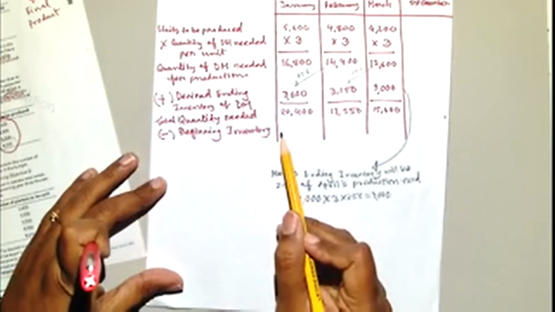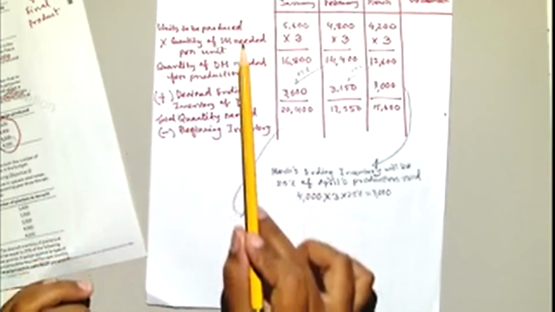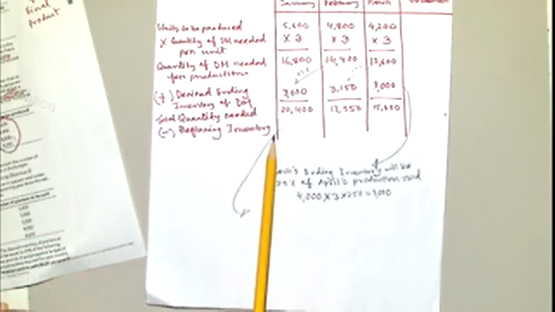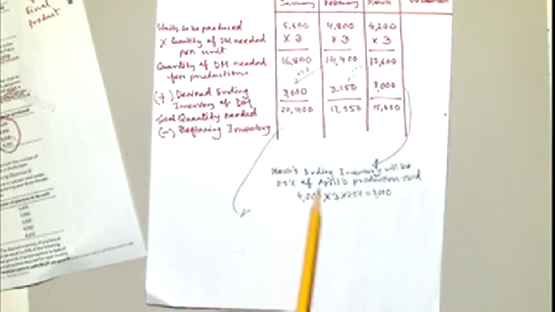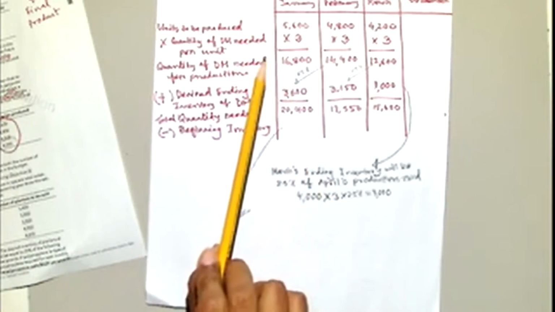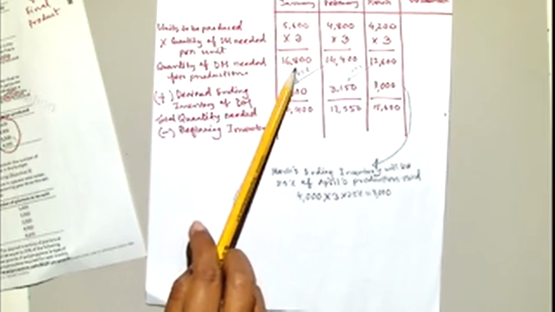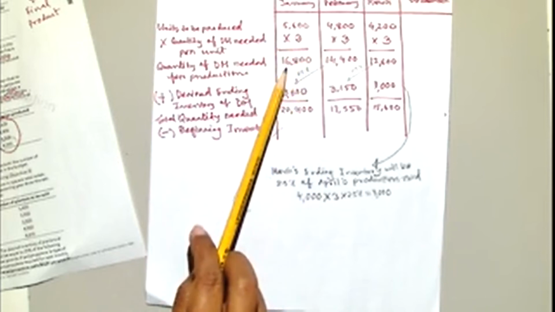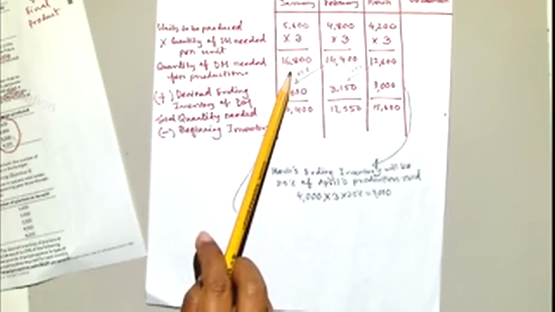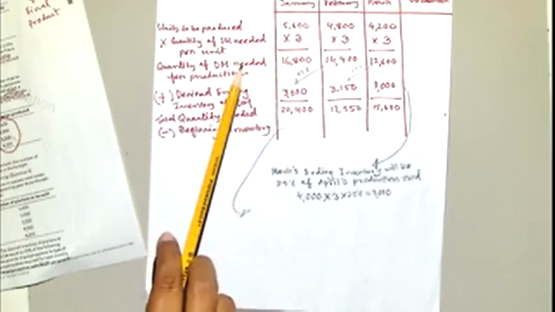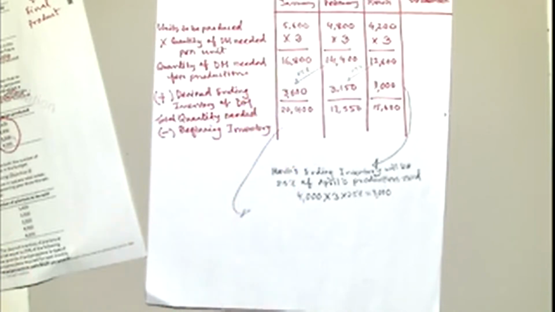January's beginning inventory, theoretically, should be December's ending inventory, right? But we don't have December's column. But we know December's ending inventory means 25% of January's production needed. This is January's production need, so you can take 25% of it, because that should be your January's beginning inventory.